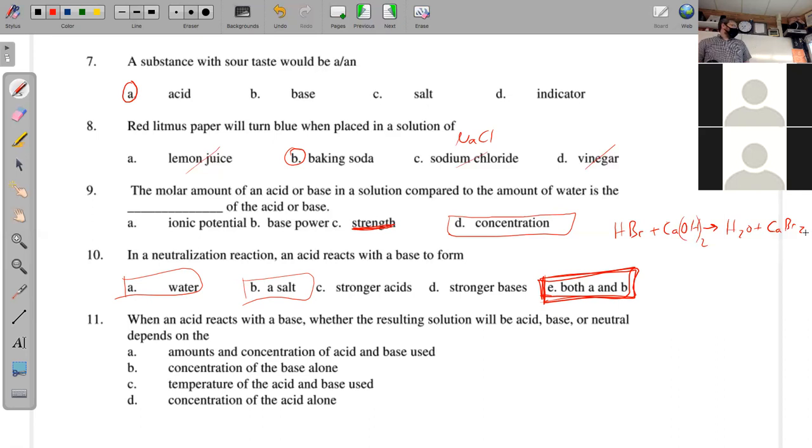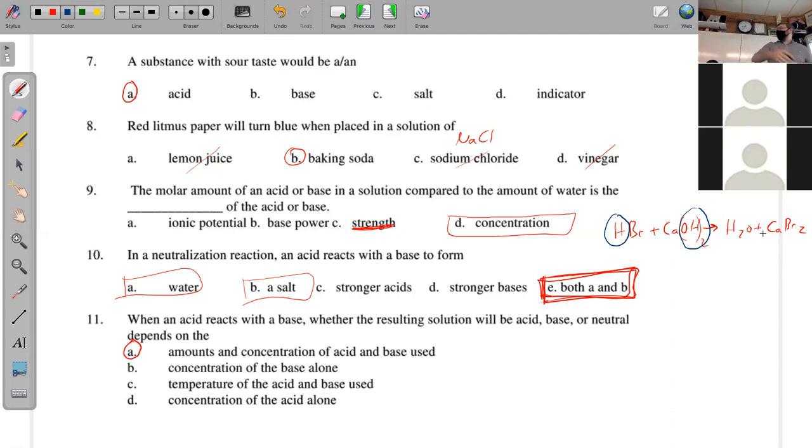When an acid reacts with a base, whether the resulting solution is an acid, base, or neutral depends on the concentration of the acid and base used. In every reaction, what's important is that in order for neutralization to completely take place, the quantity of hydrogen ions and the quantity of hydroxide ions has to be the same. The number of moles of hydrogen and the number of moles of hydroxide have to be equal. And if the moles of hydrogen and moles of hydroxide are equal, then you get a complete neutralization reaction.